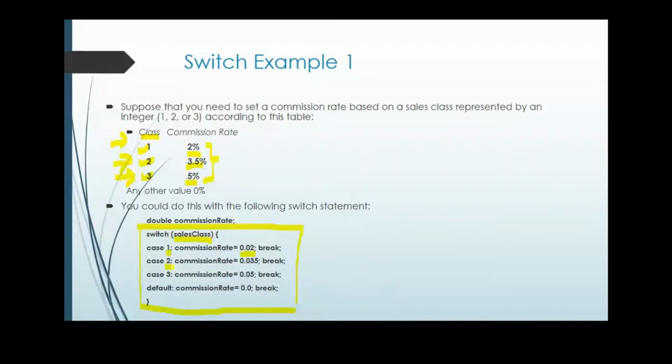Otherwise, if sales class is equal to 2, then the commission rate should be 3.5 divided by 100, or 0.035. And then for sales class number 3, the commission rate is 5% or 0.05. Otherwise, for any other sales class, the default commission rate is equal to 0.0. Right?